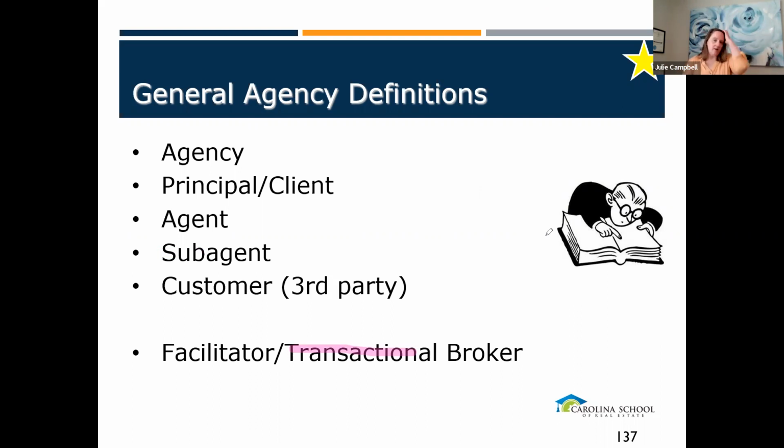In North Carolina, transactional brokers are not allowed. What I'm telling you, in North Carolina, if a real estate agent is involved, one of the parties has to be a client, either the buyer or the seller. In a transactional brokerage relationship, both parties are the customer.